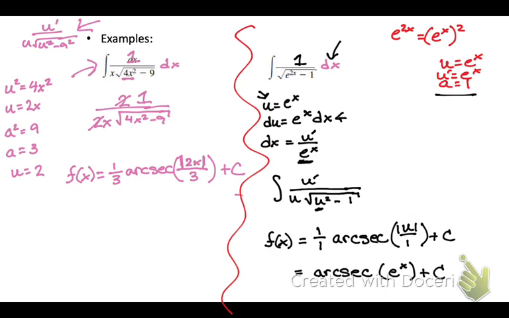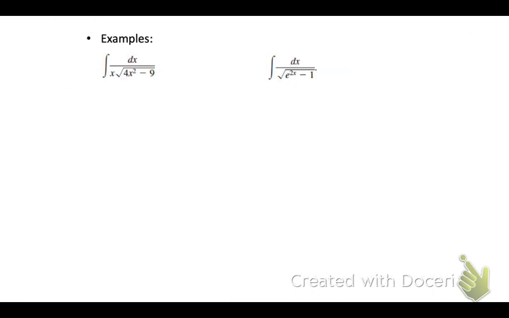I got one more example. That's all I got. Am I good? Okay, so the integral of x plus 2 over the square root of 4 minus x squared dx. Now that doesn't look like anything because we have a quantity in the numerator, don't we?